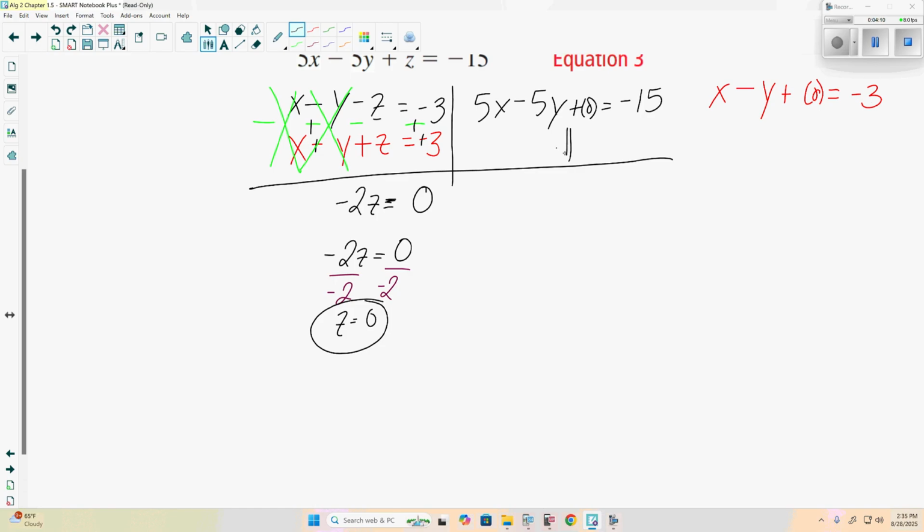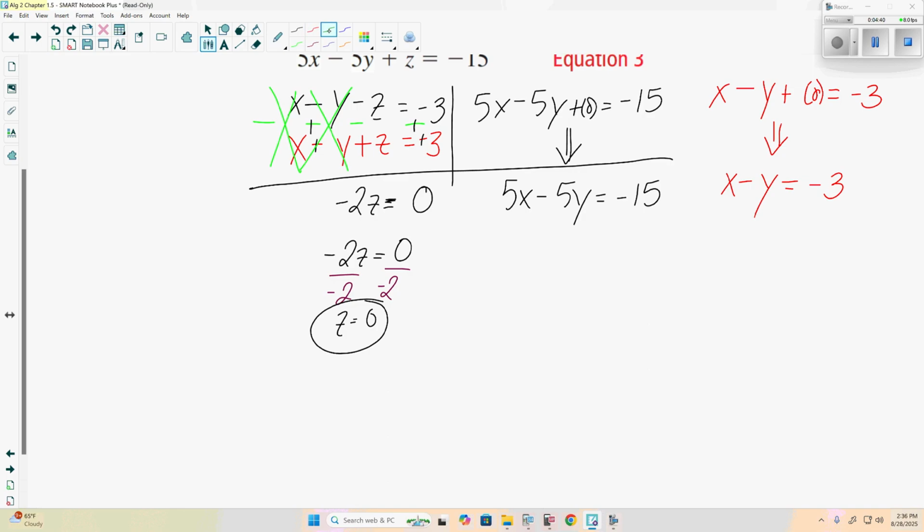Well, this equation here, we'll bring it down. It's going to tell us that we have 5x minus 5y equals negative 15. Our eliminator equation, now that we plug that in, is now x minus y equals negative 3. Now we can keep going with this here and eliminate x.